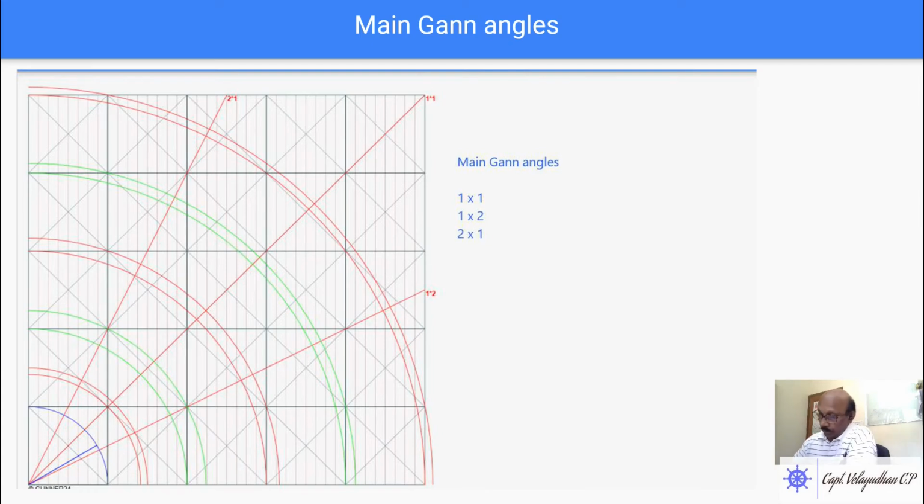This is a Gann angle. Starting point 0, the line going at a 45-degree angle. When you draw it straight, it is the 1 by 1 angle.